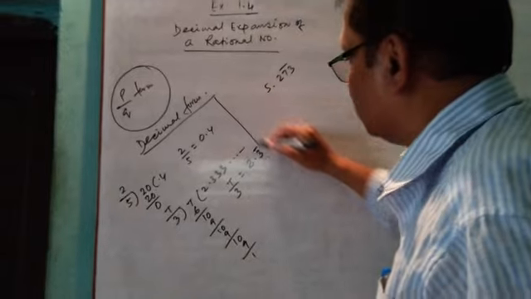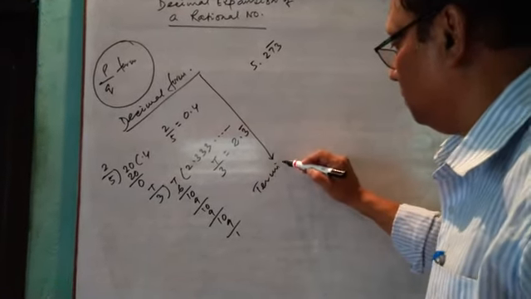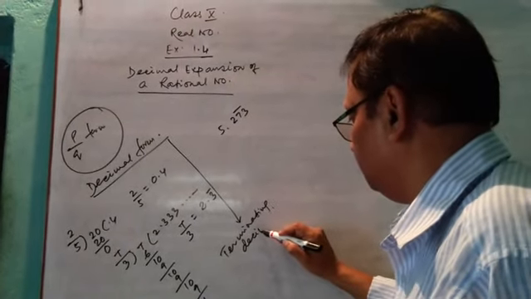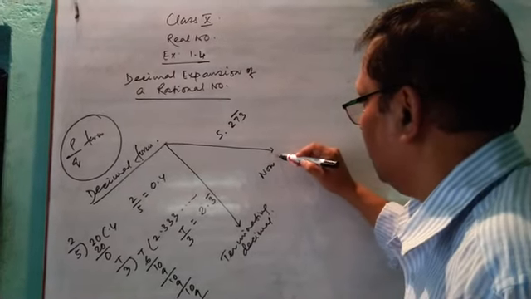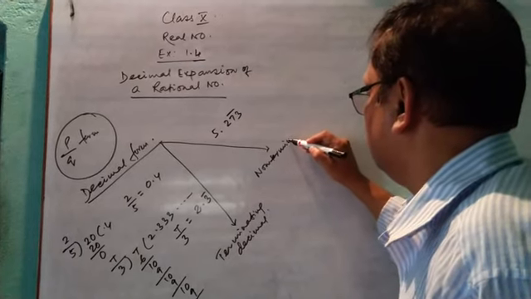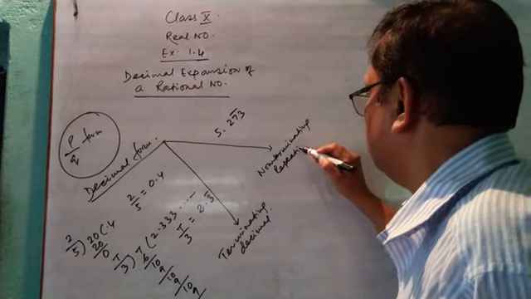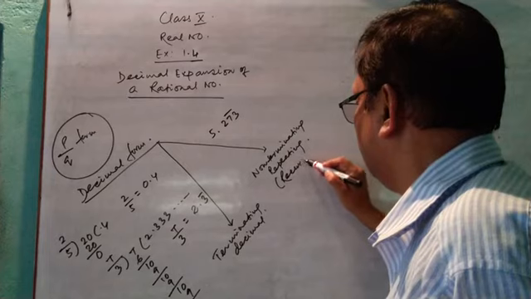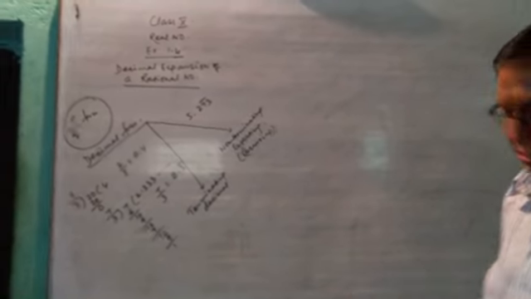The decimal form of the rational number is either terminating decimal, or non-terminating repeating, that is, recurring decimals. All recurring decimal numbers are rational numbers. So this is the thing.